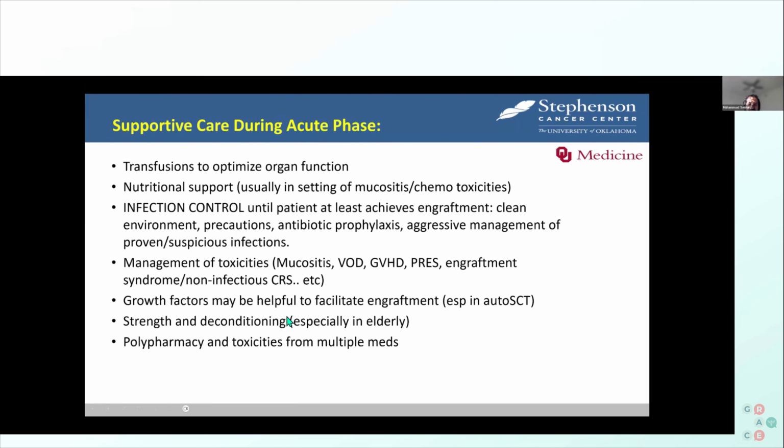Treatment of other toxicities, growth factors, strength and conditioning, especially in the elderly, is extremely important for these patients, especially after transplant in the first 30 to 100 days. And then keeping an eye on what medicines they are taking, so you reduce the exposure to multiple medications, and that way improve the outcomes of the patients.